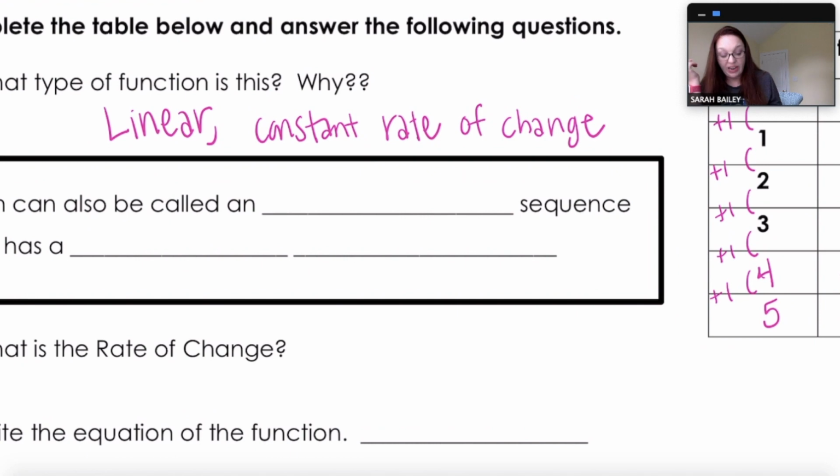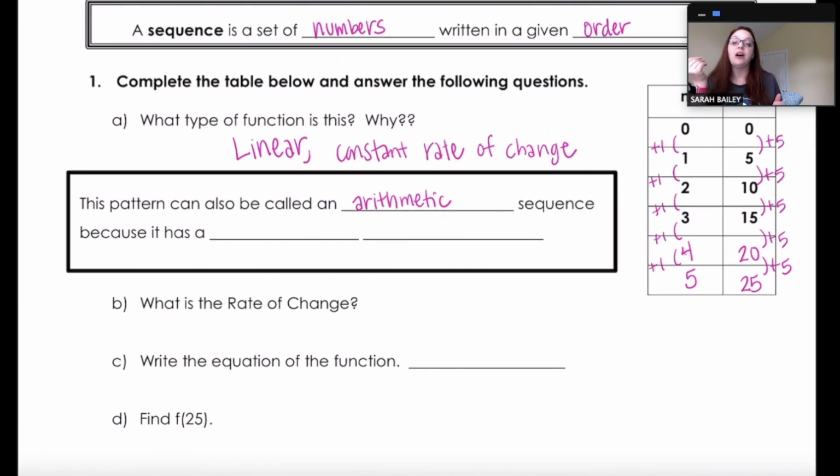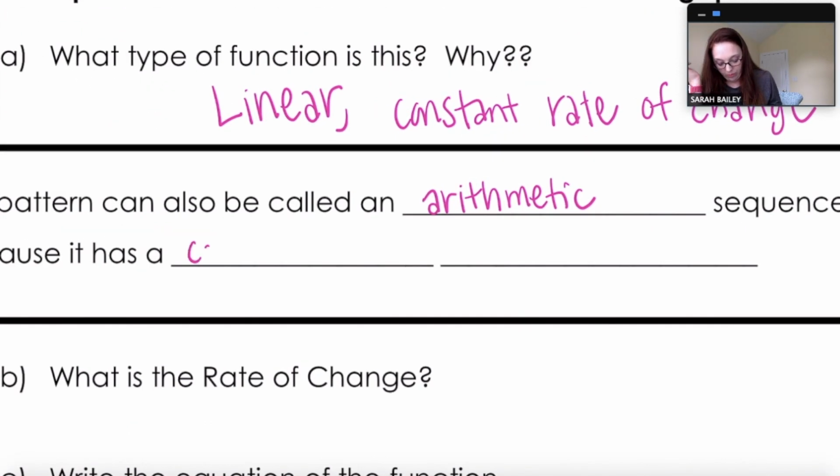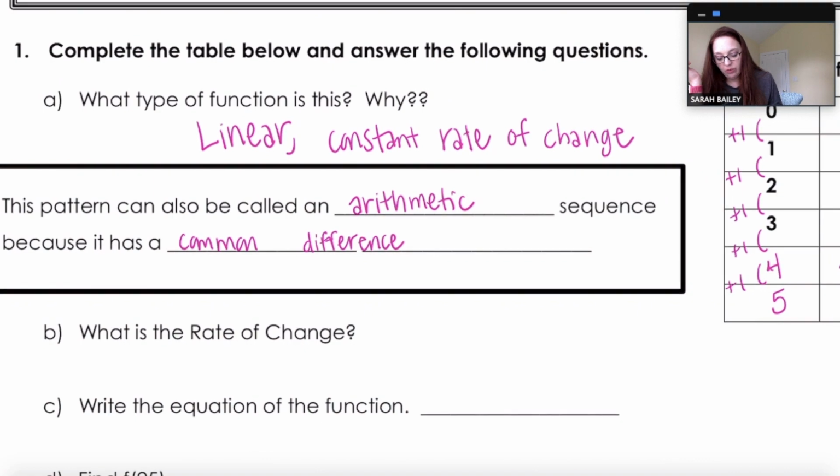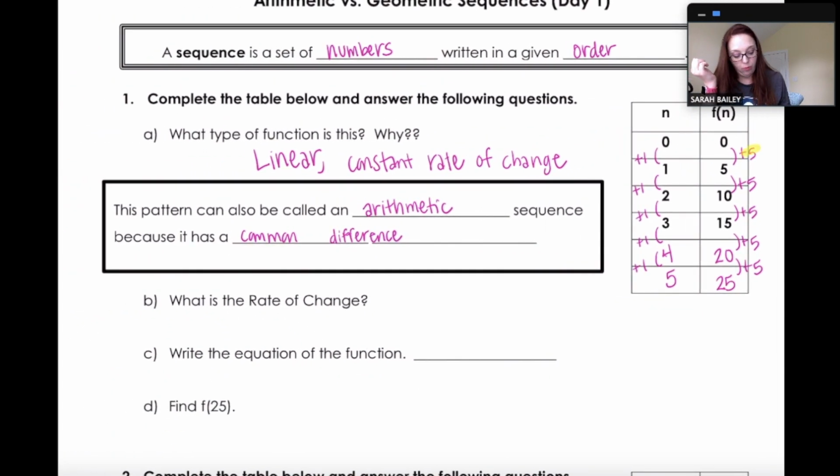So this is also called an arithmetic sequence, because it has something called a common difference. And that common difference can actually be seen in the table right here with the plus 5s on the f of n side. So the common difference here is going to be 5.